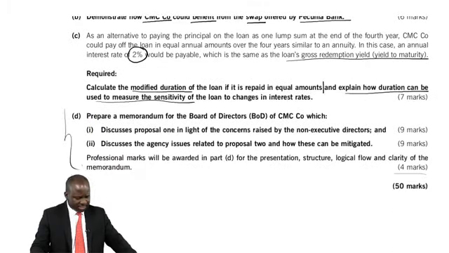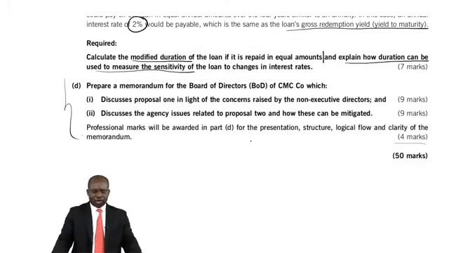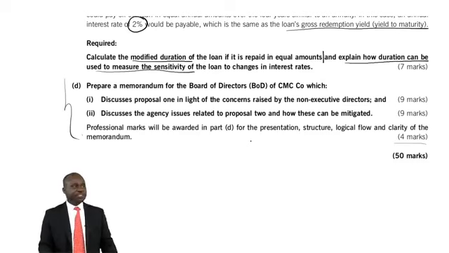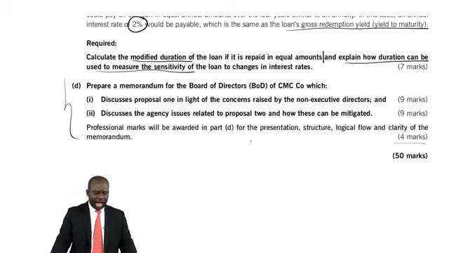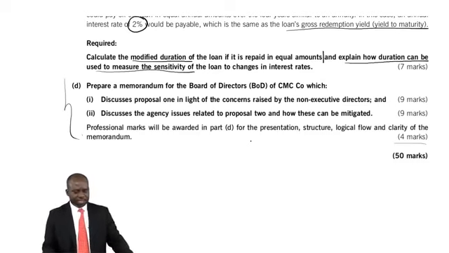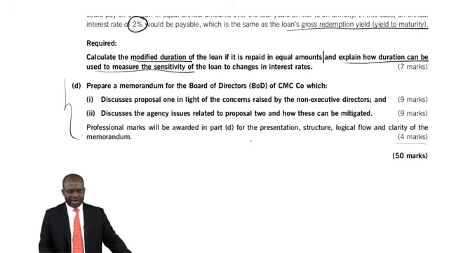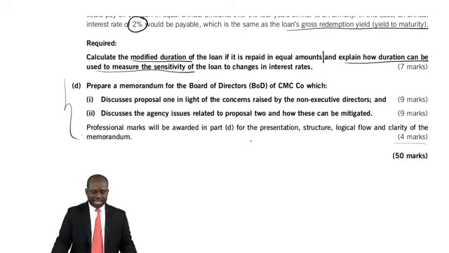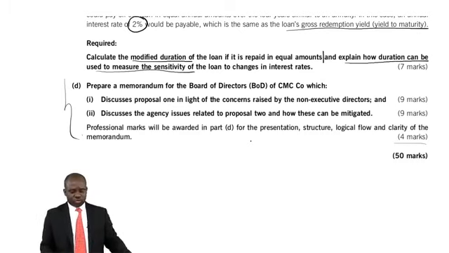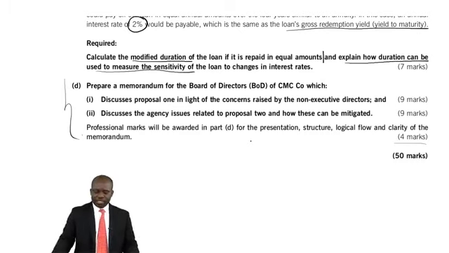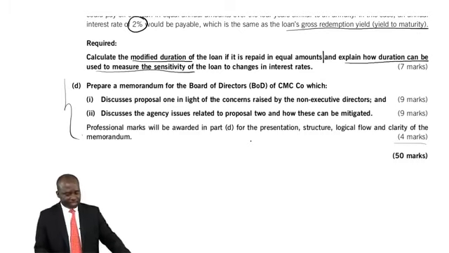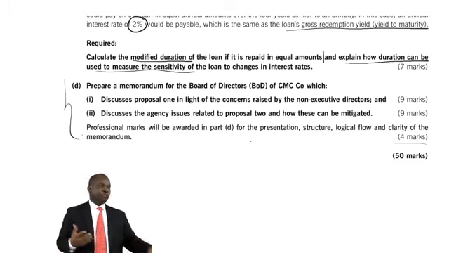Okay, next, prepare a memorandum for the board of directors of CMC Co., which discusses proposal 1 in light of the concerns raised by the non-executive directors, and discusses the agency issues related to proposal 2 and how these can be mitigated. 9 marks. Okay, it's a report for the professional marks.